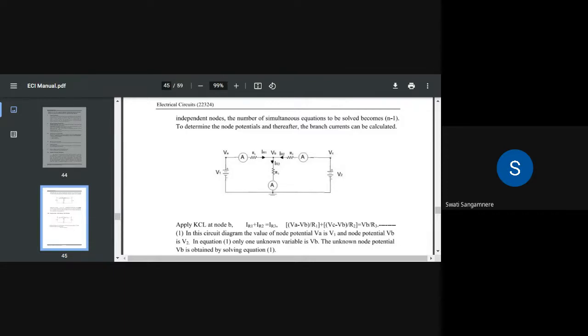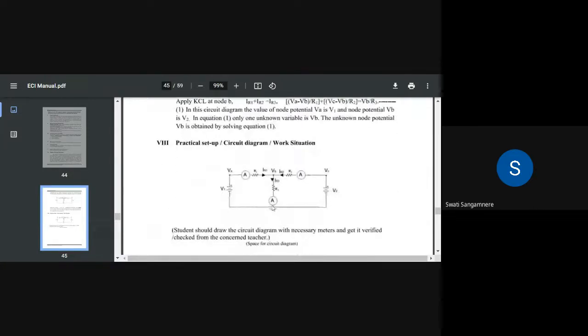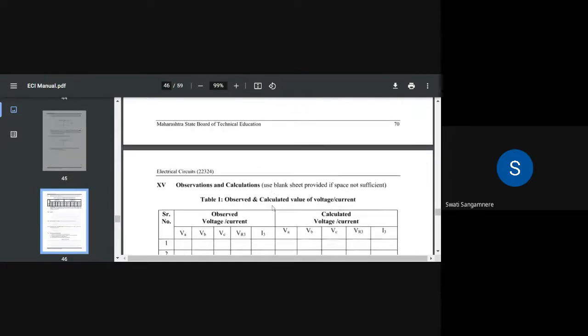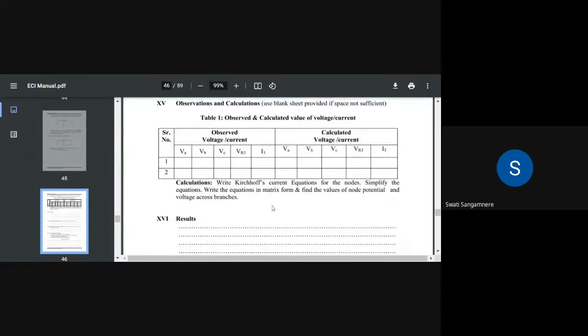In this experiment we can measure the values of node voltages VA, VB, VC, then VR3, which is the voltage across the R3 resistance, and I3, which is the current flowing through R3. This is the observation table of our experiment.